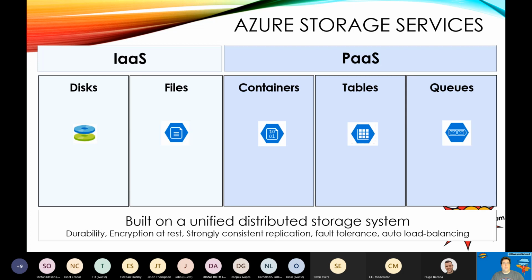You have files, you have containers, which used to just be called blob storage. Now they've gone into using containers as the terminology for that. So don't get confused: containers and blobs, when you're talking about a storage account, are one and the same. Then we have tables and queues. The containers, tables, and queues all fall into that platform type storage environment.